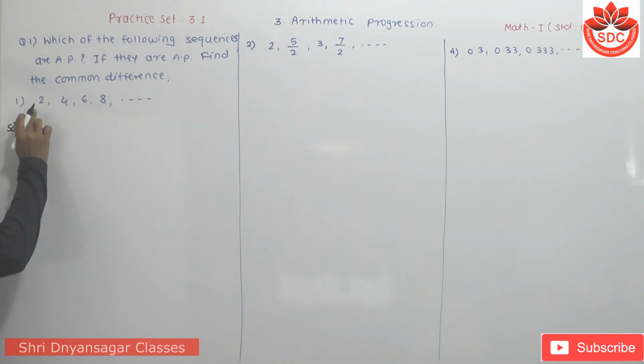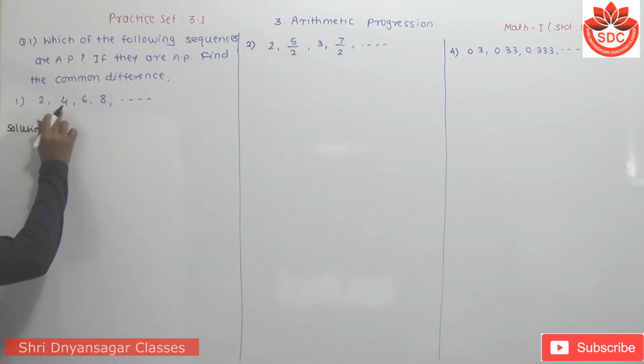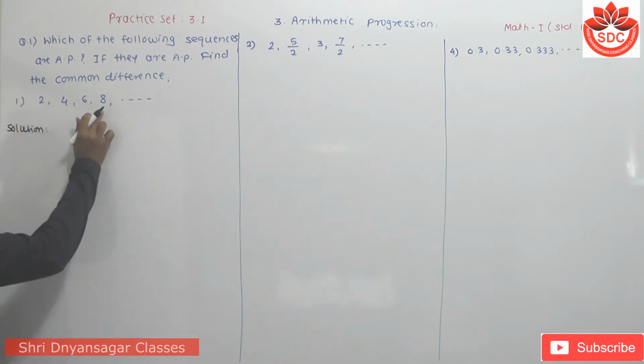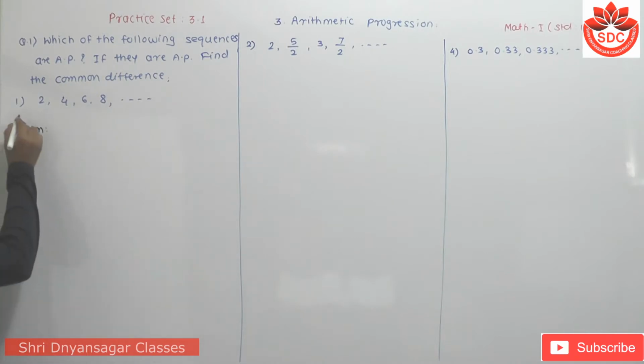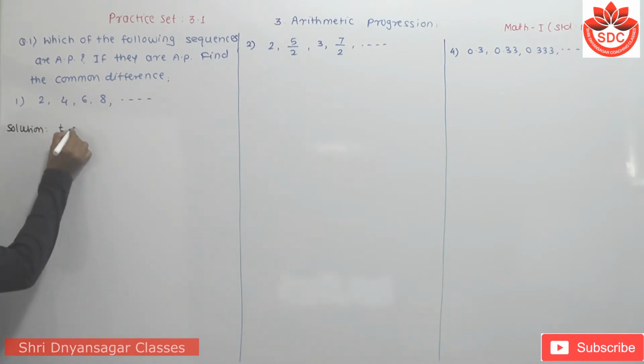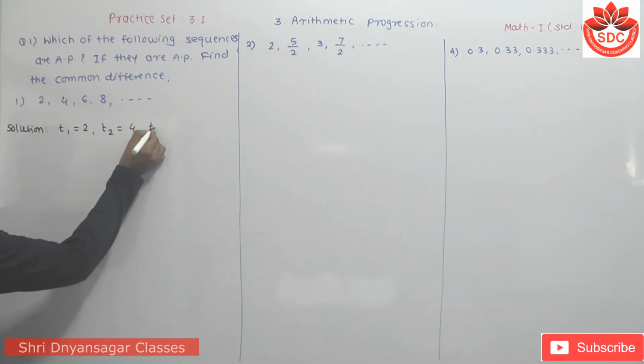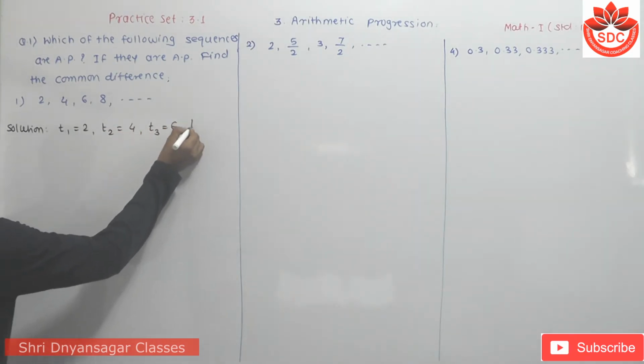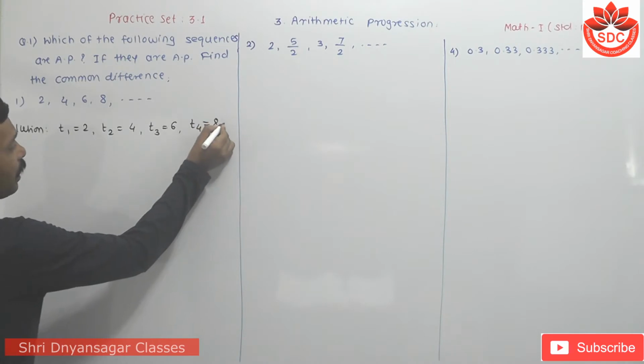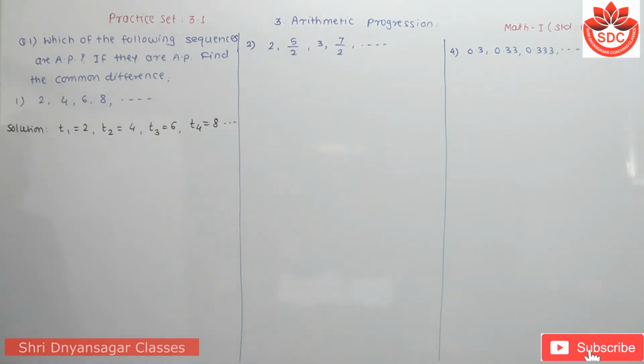Here the sequence is given: A, 2, 4, 6, 8, and so on. This means the first term is 2, second term is 4, third term is 6, fourth term is 8, and so on. Now we first find the common difference between any two consecutive terms. First, t2 minus t1.